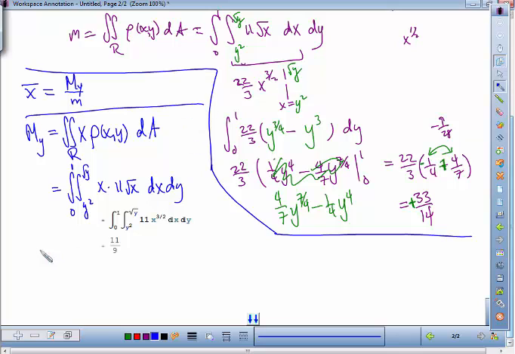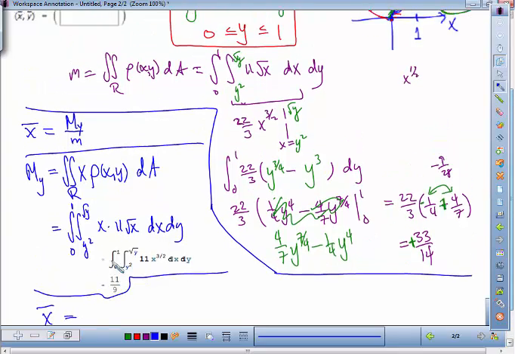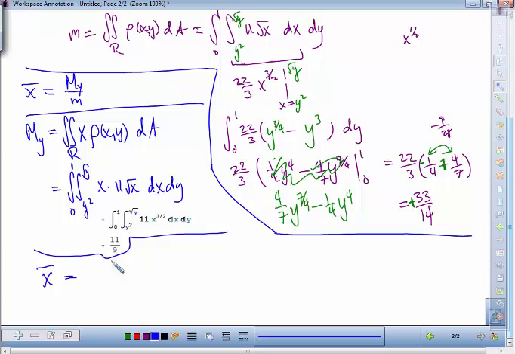So if this is 11 over 9, then your x bar must be, what was it up there? 33 over 14 divided by 11 over 9. Let's see, reciprocals, 3, 9, 27 over 14. Oh, backwards.